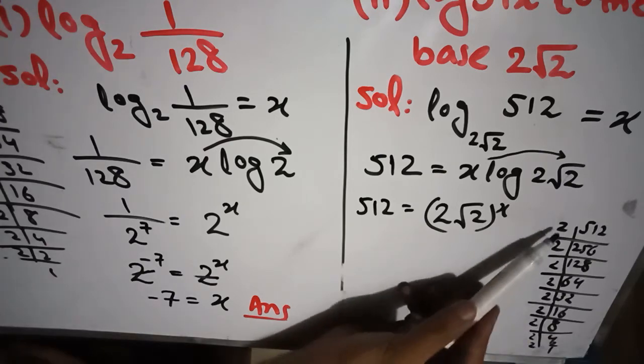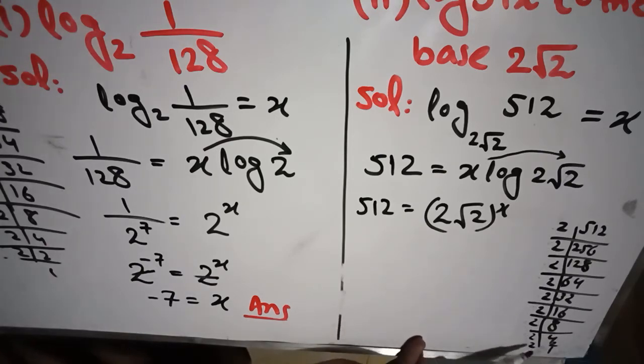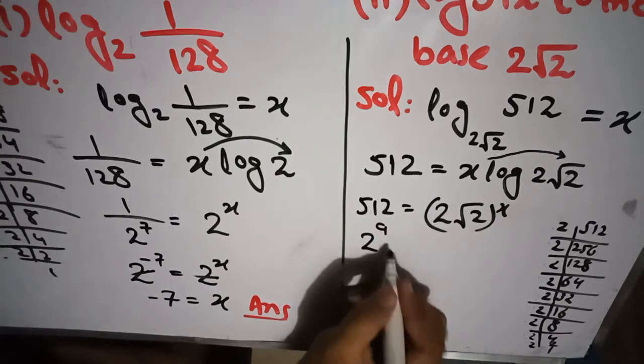How many 2's we have there? 1 2 3 4 5 6 7 8 9. So you will get 2's power 9 here.